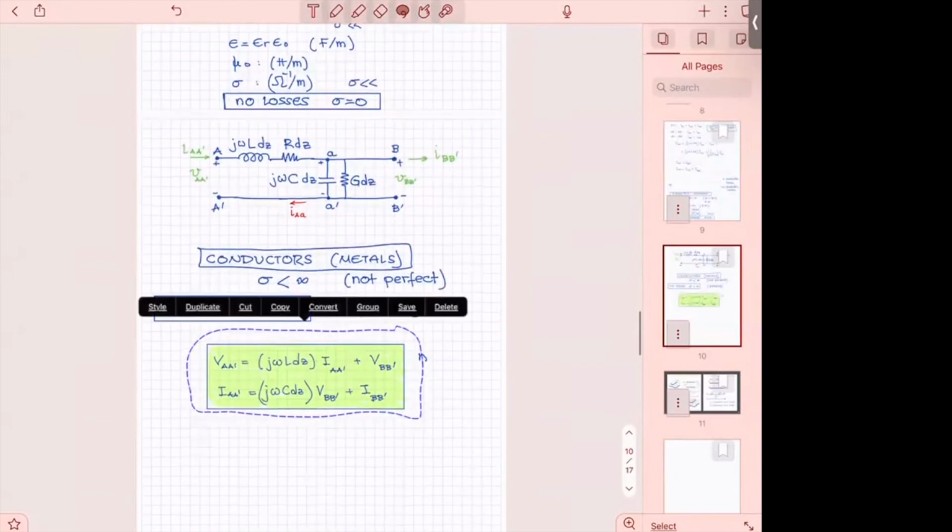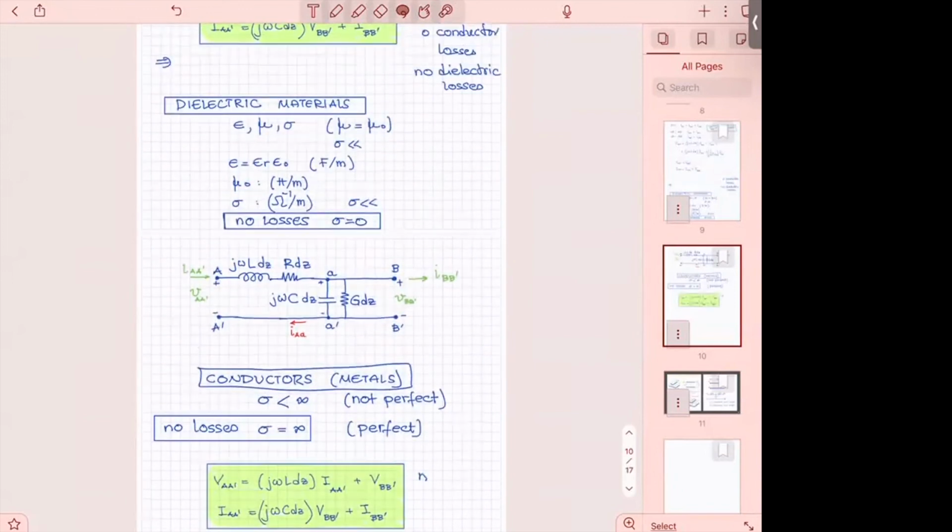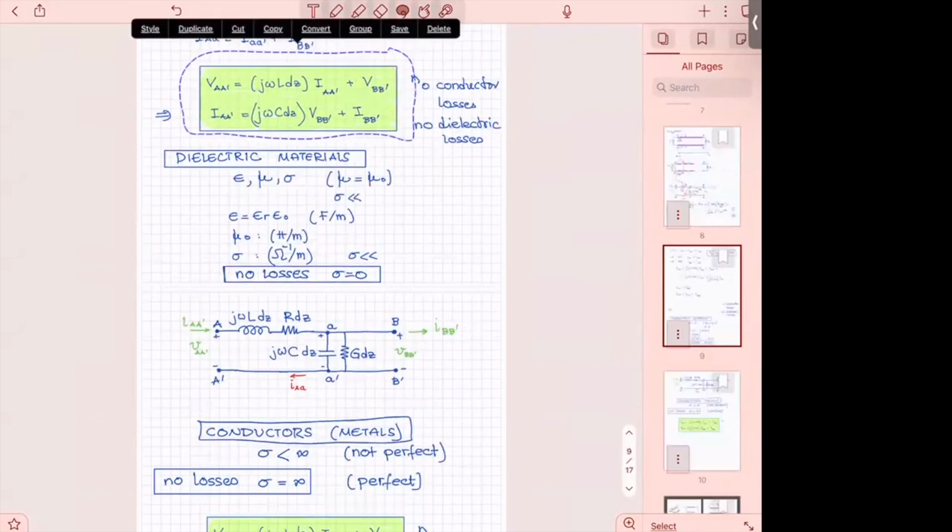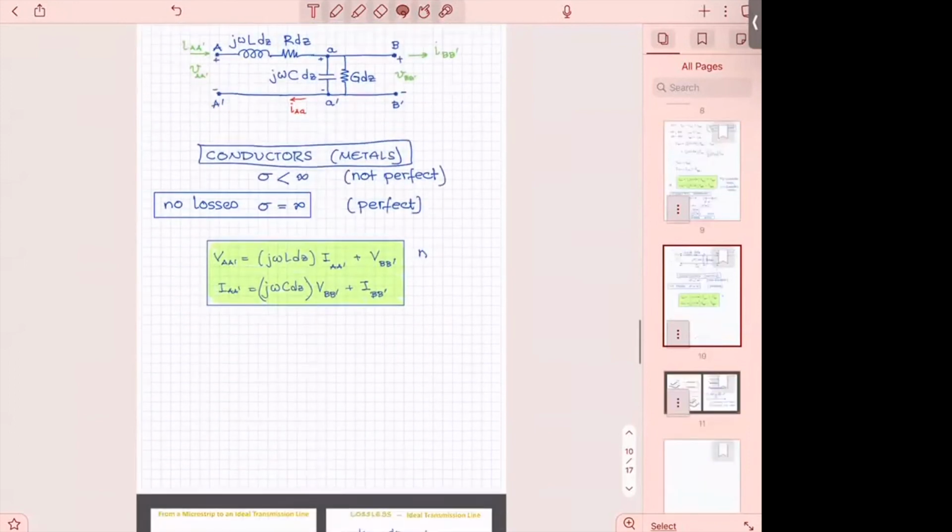Leave it here. Okay. So we'll change this one. And we are going to add practically the resistor here. Plus R dz.